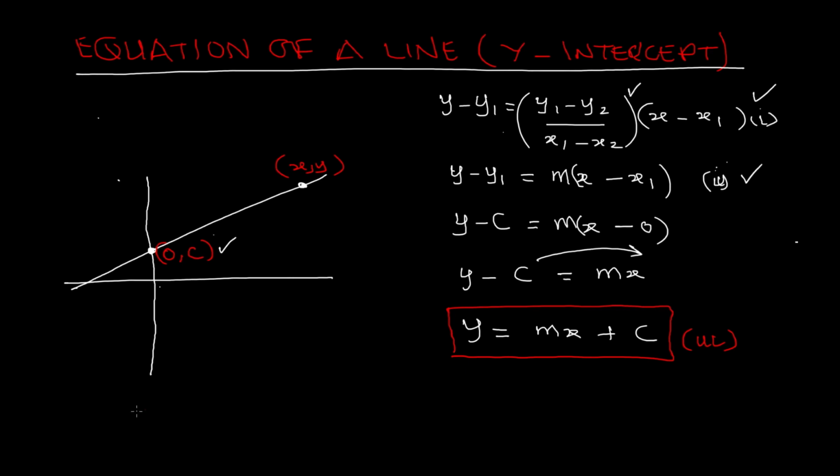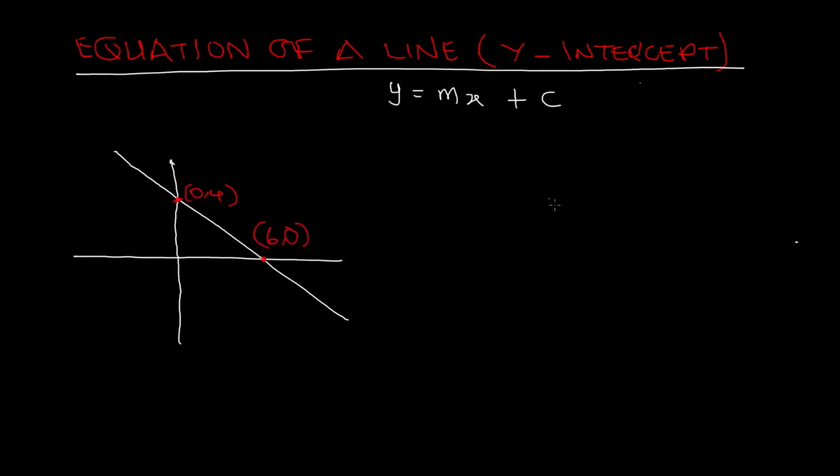So if they ask a question like, find the equation of the straight line, maybe they'll give you this point here and another point. In that case, what we have to do is calculate the gradient, and then we collect the c and put it there. That will be our equation of the straight line. Let's do an example.